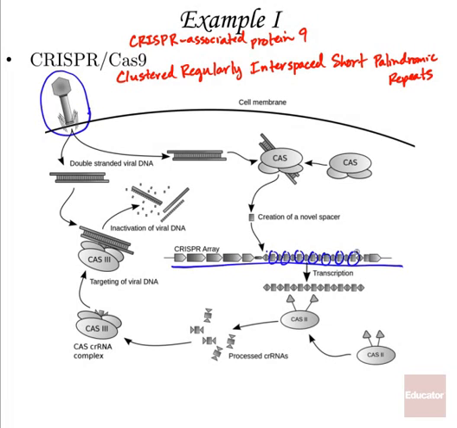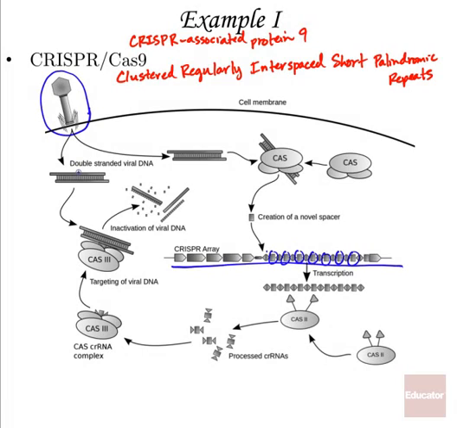Those spacers will recognize and cut, so act like an endonuclease, cutting up invading viral DNA. It's almost similar to RNA interference, but it's a different system for doing that. So how does this work? First, the virus latches onto the bacteria and injects its DNA. So we have a double-stranded viral DNA.